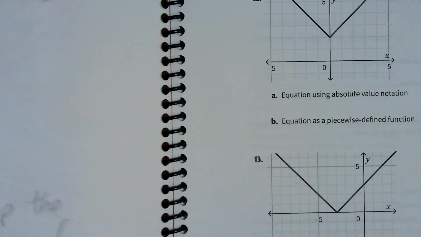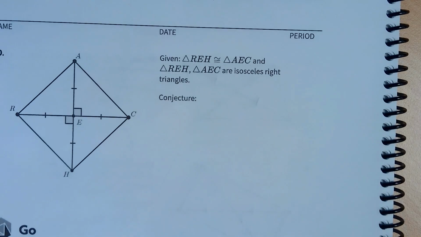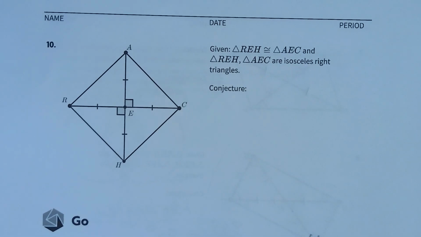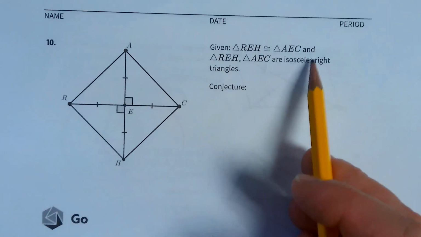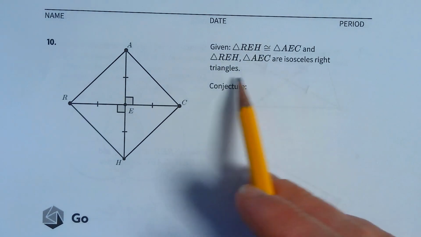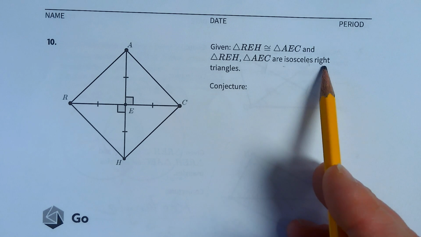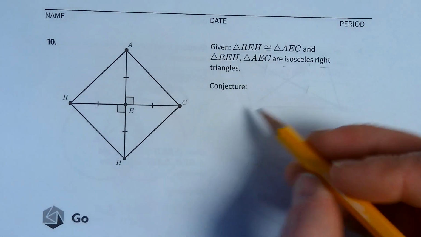All right, let's wrap it up. Here we go. Given REH, ICH, RECH, and ECH are isosceles right triangles. Oh, well then I conjecture this is a square.